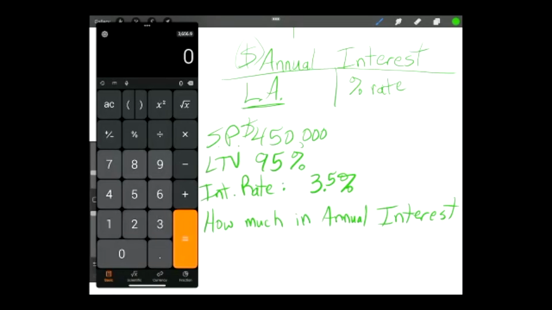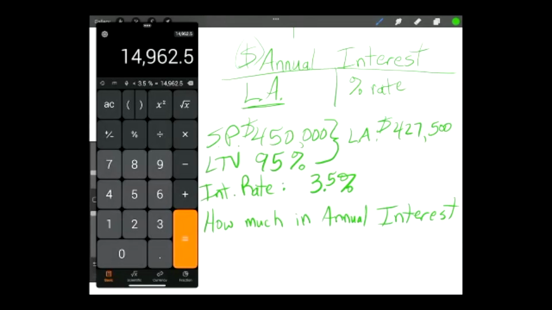All right, first step, use the purchase price. Go ahead. First step, I did 450 multiplied by 95%, then 427. I divided by 1,000, and then 427 I multiplied by 3.5%.